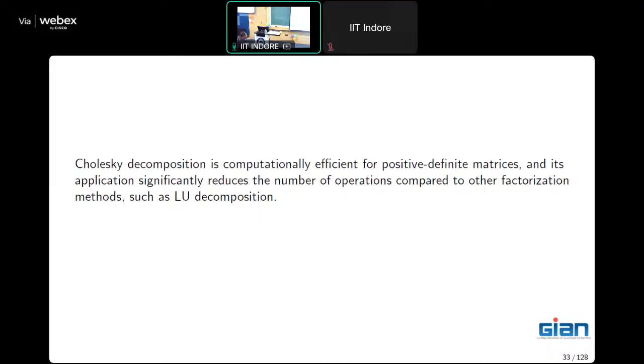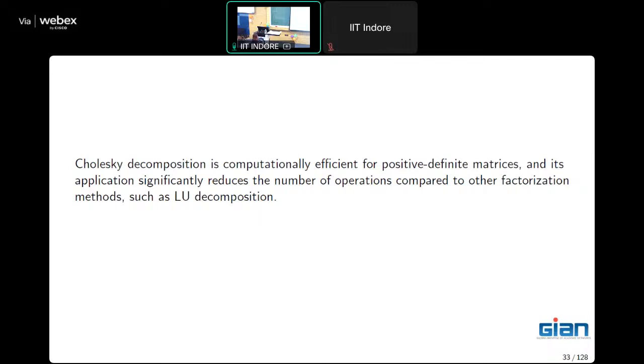Now, Cholesky decomposition is computationally efficient for positive definite matrices. I know that positive definite matrices are very good matrices: symmetric, and the quadratic form is strictly greater than 0, then you can apply this. Its application significantly reduces the number of operations compared to other factorization methods such as LU.